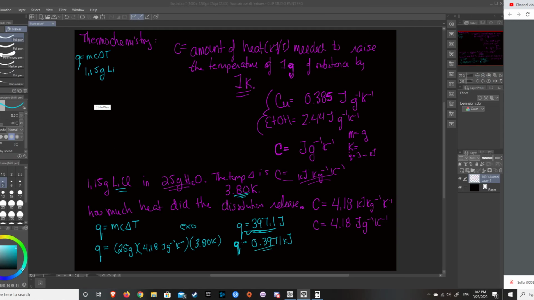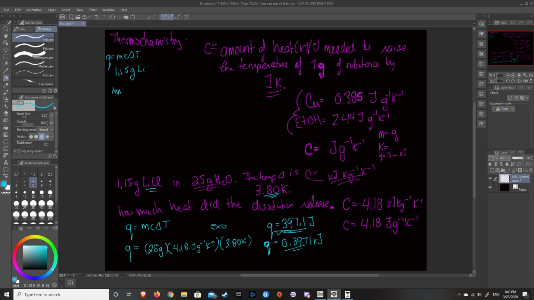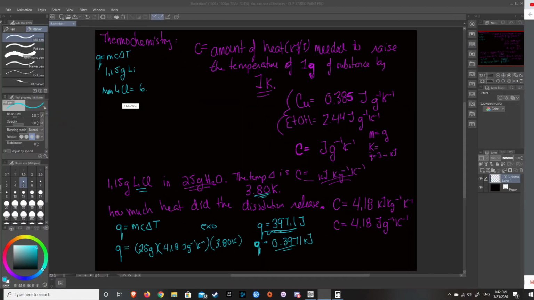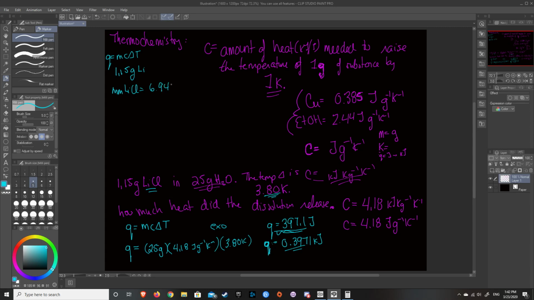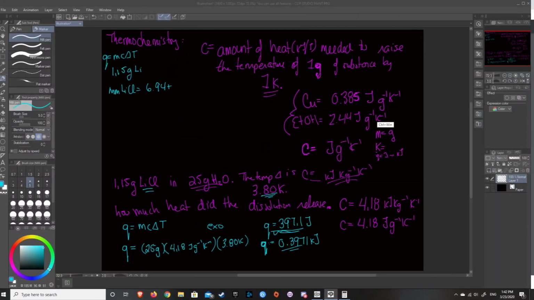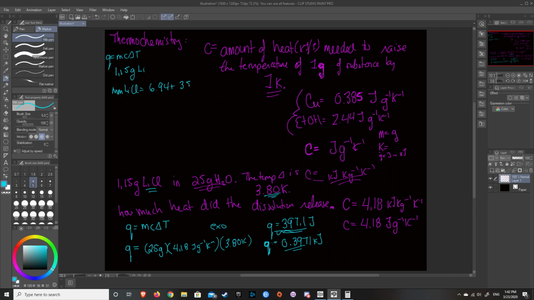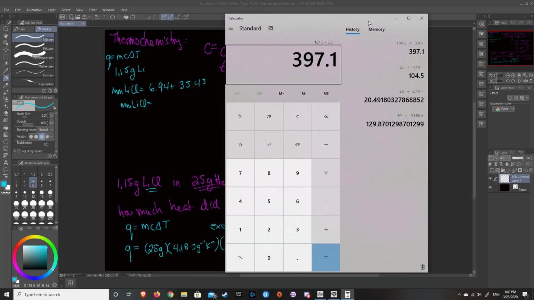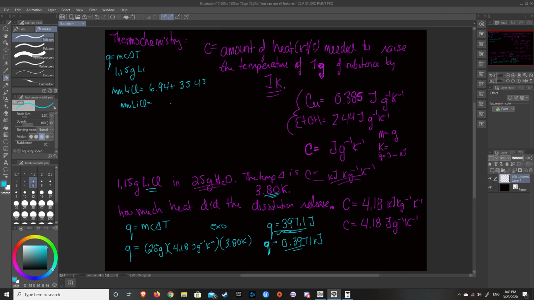Lithium here is 6.94. So the molar mass of lithium chloride equals 6.94 plus chlorine, 35.45. 6.94 plus 35.45 is 42.39.